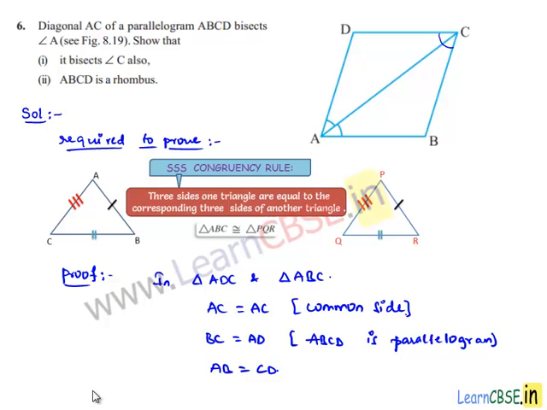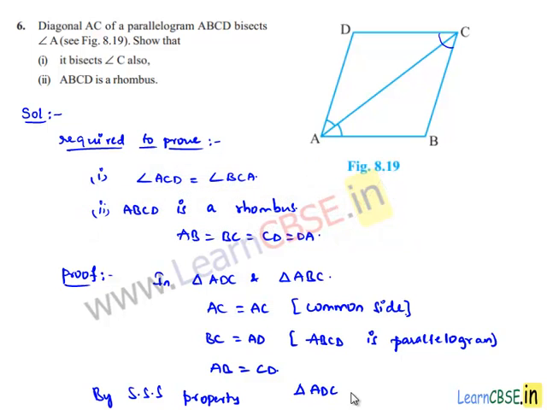So by the SSS property, we can say that triangle ADC is congruent to triangle CBA. So here, by applying the concept that when two triangles are congruent, their corresponding angles will be equal, we can equate angle DAC is equal to angle BCA. Let us name this as equation number 2.